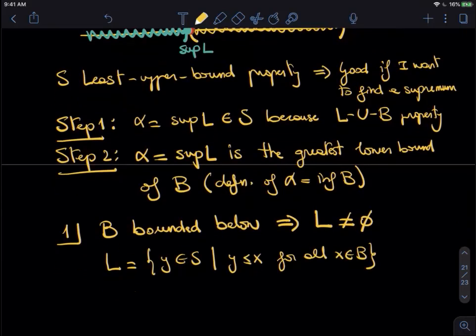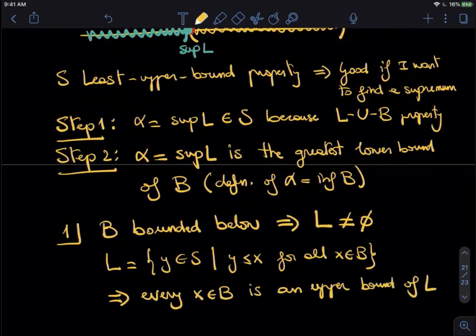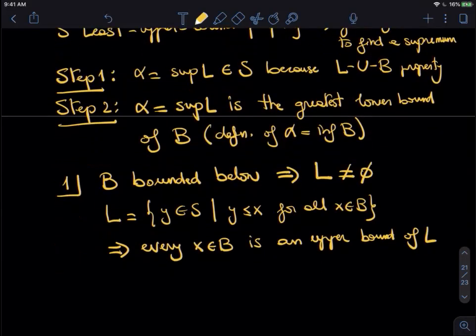What we notice is every element of B is an upper bound of L. So that means that L is bounded from what side? Bounded above, because it has upper bounds.